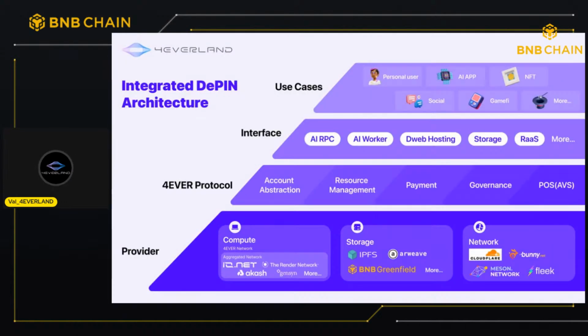If we look at Foreverland from a higher point of view, we can split it into several layers. Among them there is a layer aggregating resource providers such as computation, network, and storage. There is a layer of protocols, where there is payment, governance, and resource management. We also have a layer which we call the interface. With that, we provide AI RPC, AI worker, DWeb hosting, storage, and rollup as a service.